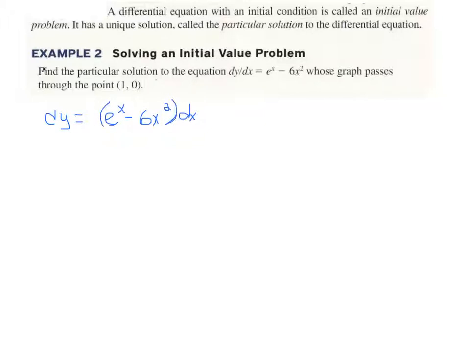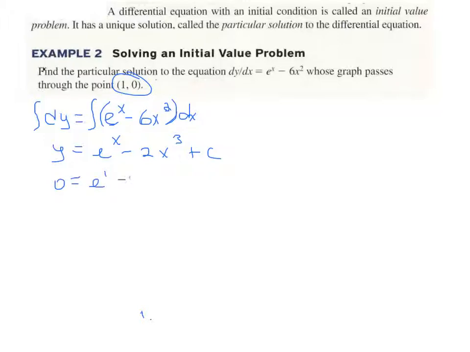And we're going to take the integral of both sides. So we end up with y equals e to the x minus 2x cubed plus c. Alright, and now we will use the given point (1, 0). That just means that when x is 1, y will be 0.